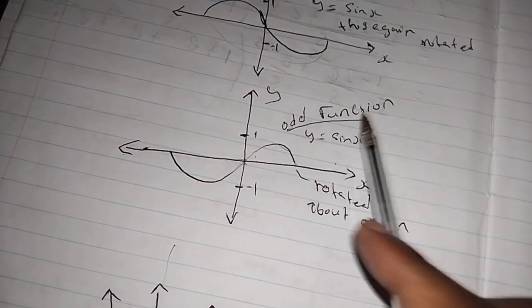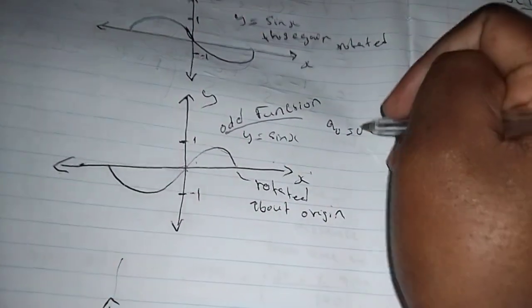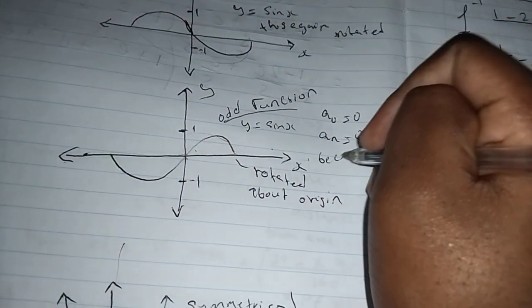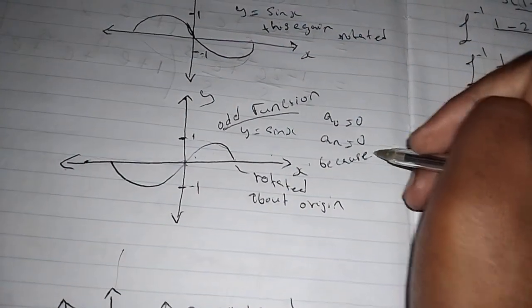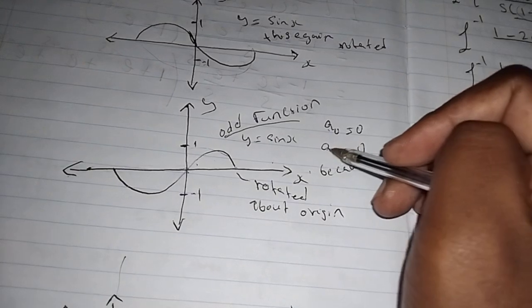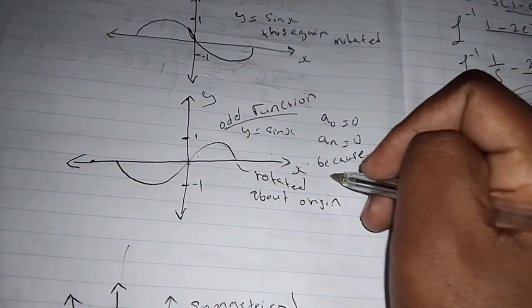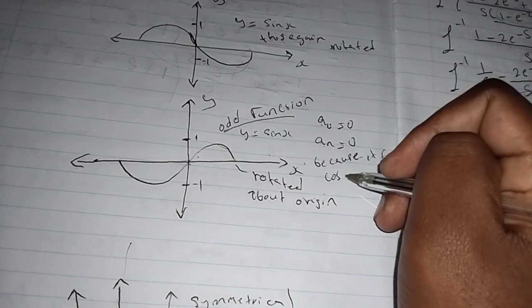You must know that an equal to 0, because a0 and an reveal the cos.